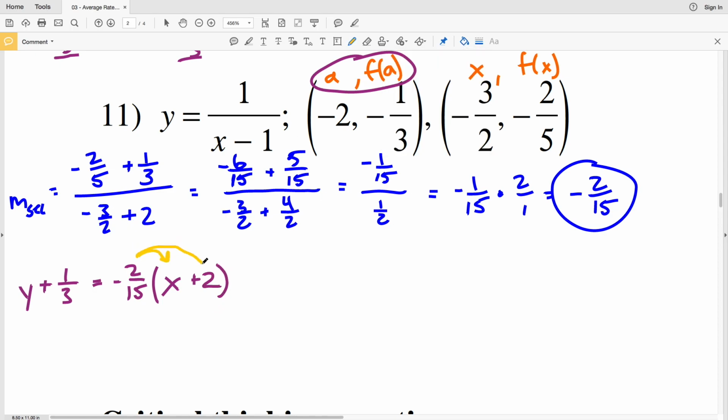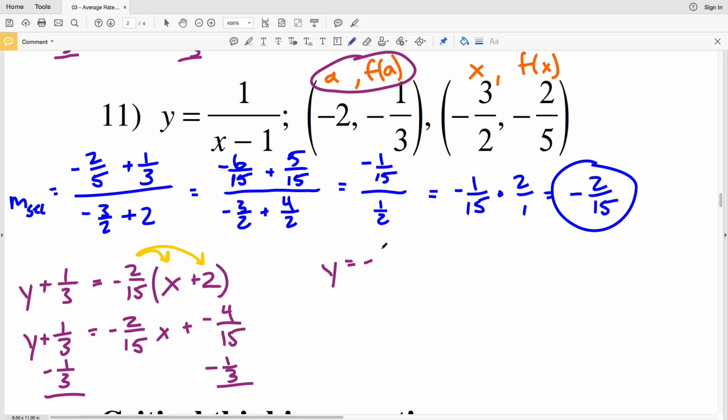Distributing that negative 2/15, I'll have y plus 1/3 equal to negative 2/15 x plus negative 2/15 times 2 is negative 4/15. Now I'll subtract 1/3 from both sides in order to isolate my y. So I'll have y equal to negative 2/15 x plus negative 4/15 minus 1/3, which in terms of 15, 1/3 will get multiplied by 5 over 5, so that's going to be subtracting 5 over 15.